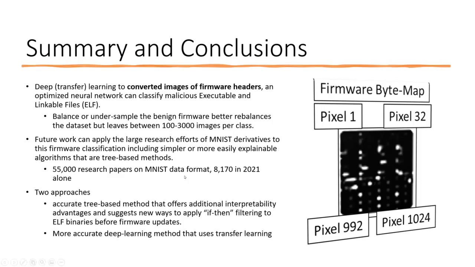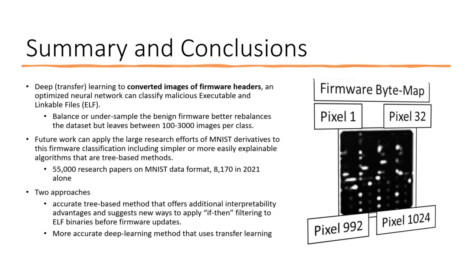So for future work, if you Google the MNIST data set on Google Scholar, you'll see more than 55,000 research papers since 2000, when it really became introduced as a deep learning or machine learning challenge. Of those 55,000, 8,000 have been published just this year.